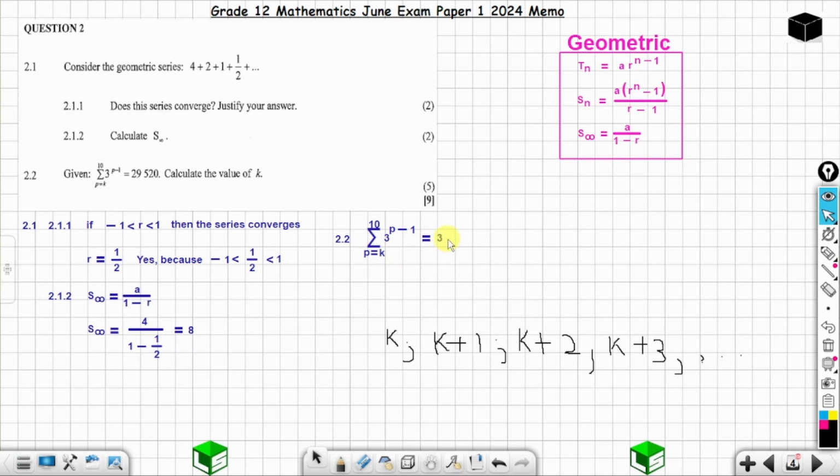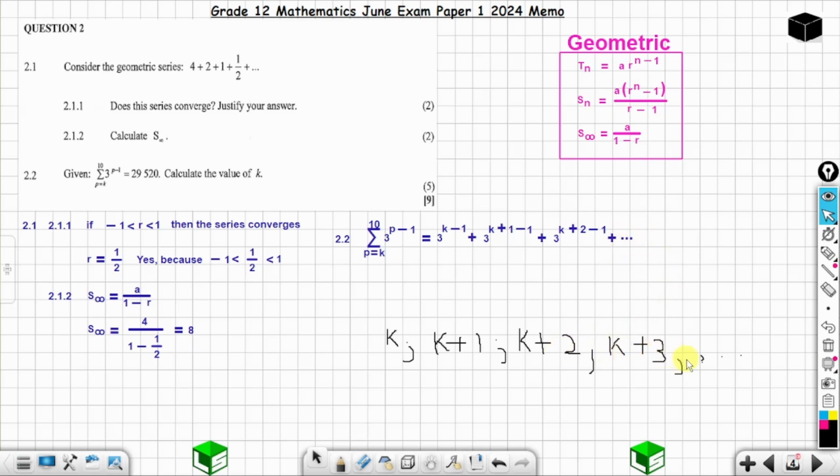You have 3 to the power of k minus 1, plus after that you plug k plus 1 in the place of p, so 3 to the power of k plus 1 minus 1, plus you plug k plus 2, 3 to the power of k plus 2 minus 1, and you have terms in between.